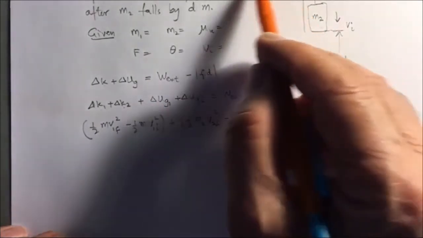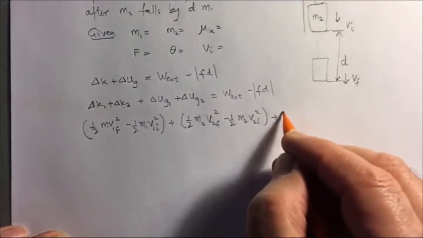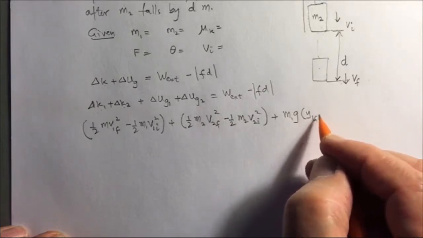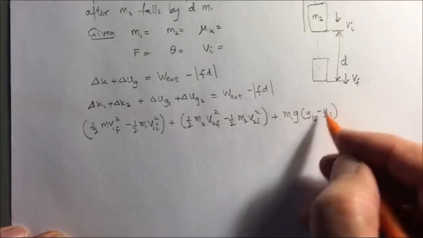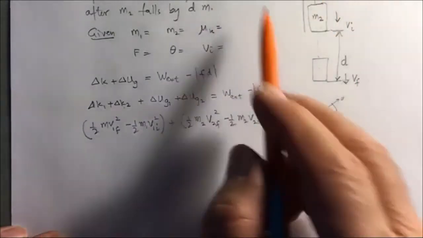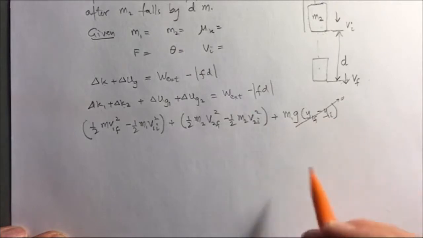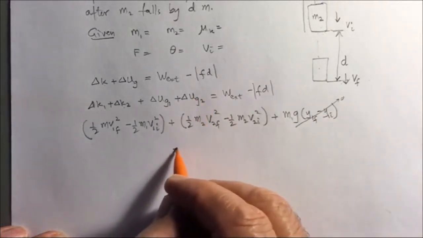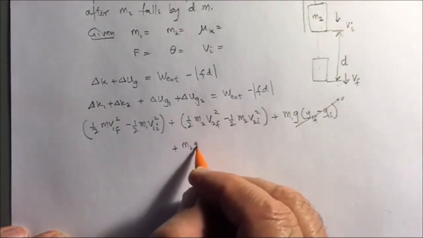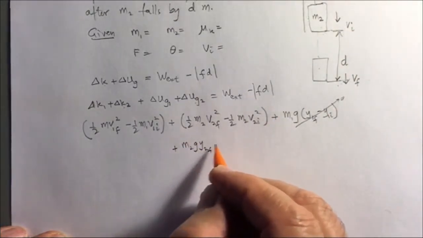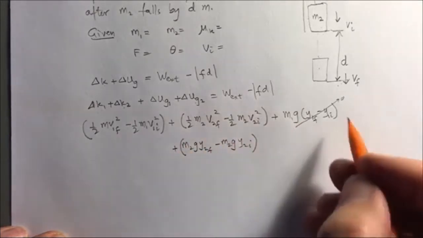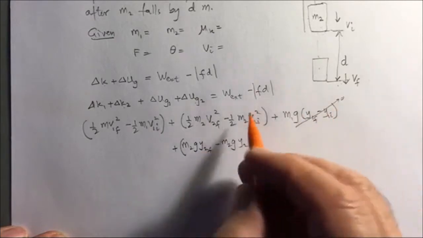The change in gravitational potential energy of number 1 would be m1 g y1 final minus y1 initial, and they are the same because it's moving horizontally. If this were not horizontal, then we would have something here. And then we come to delta UG2, it goes from here to here. It's going to be m2 g y2 final minus m2 g y2 initial.